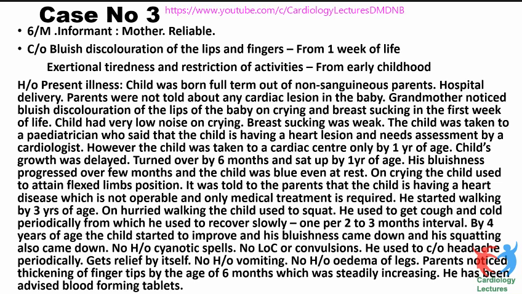In all conditions where there is an admixture lesion without VSD-PS, there will be increased pulmonary blood flow. So, in a patient with truncus arteriosus, single ventricle, single atrium, total anomalous pulmonary venous drainage, where there is no pulmonary stenosis, there will be increased pulmonary blood flow. Second group, transpositions.